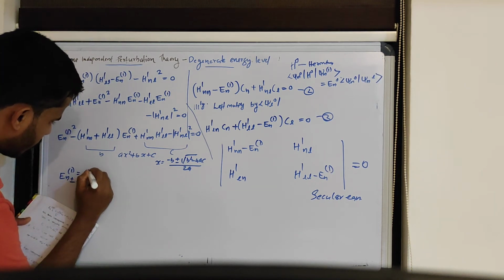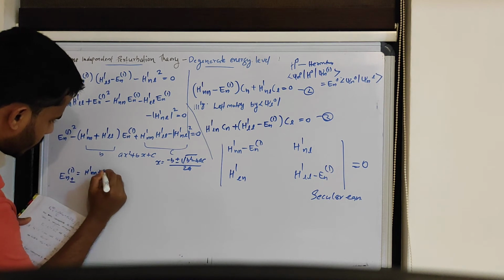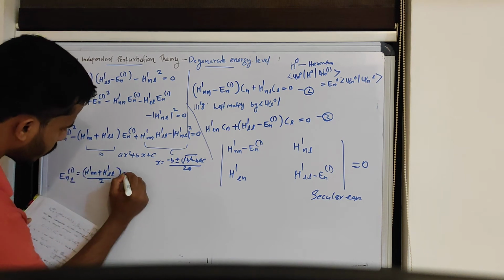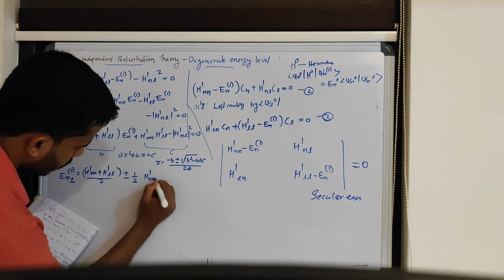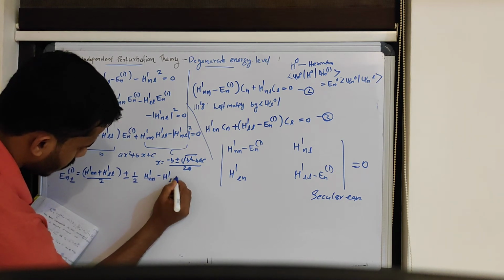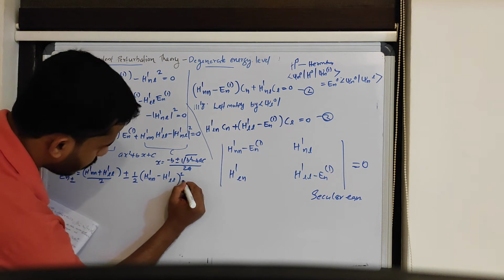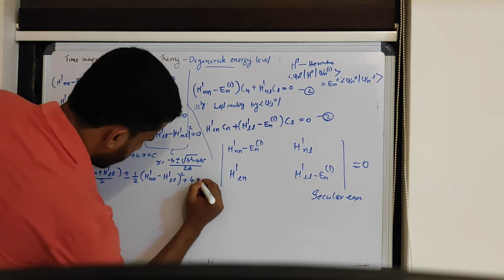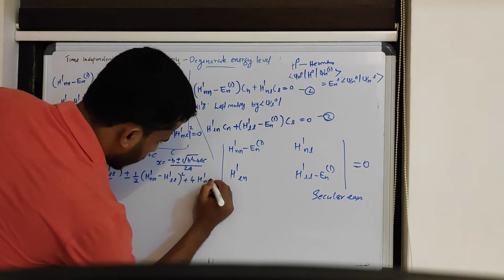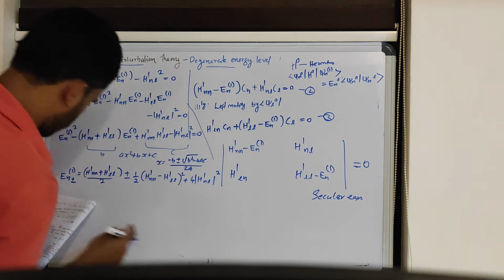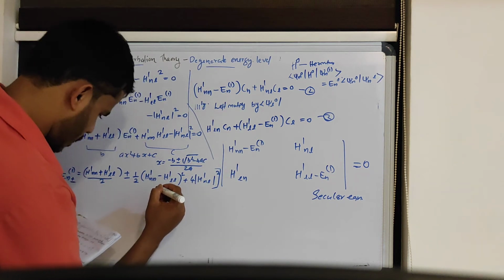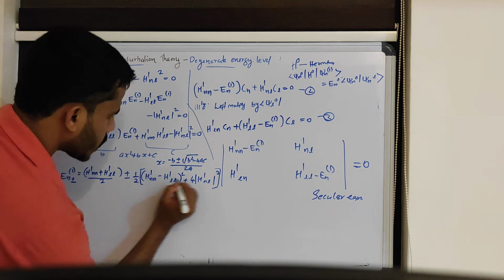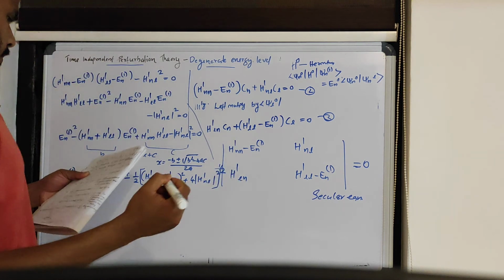It becomes h prime nn plus h prime ll, plus or minus root of h prime nn minus h prime ll square plus 4 h prime nl mod square, all divided by 2.